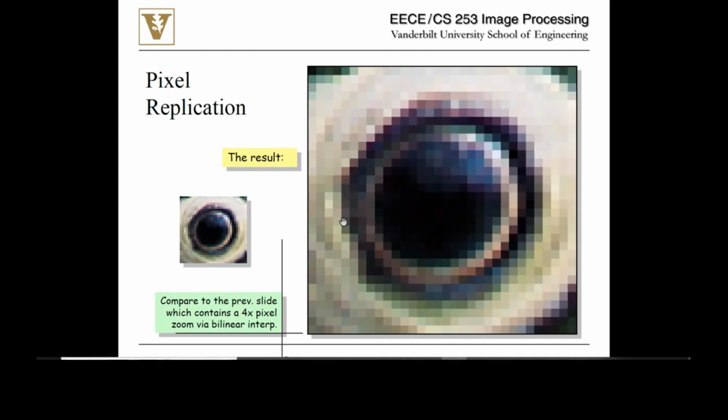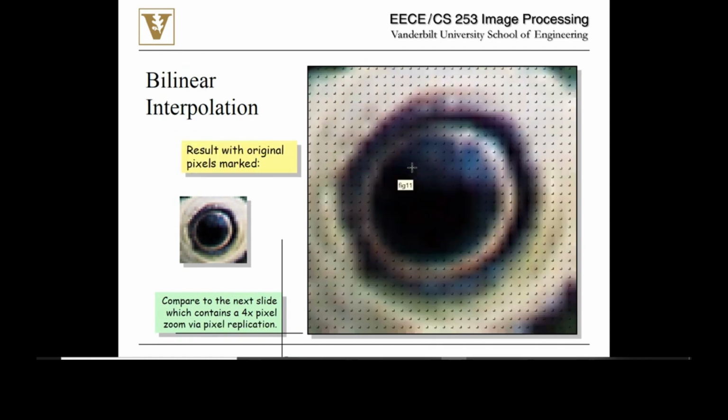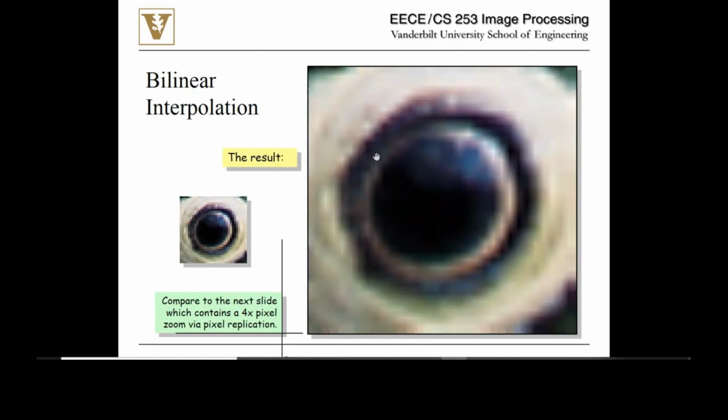The nearest neighbor interpolation creates artificial edges between regions of the image. These borders here don't exist in the original image. It is simply an artifact of the nearest neighbor interpolation. But with the bilinear interpolation, we have a smooth transition.